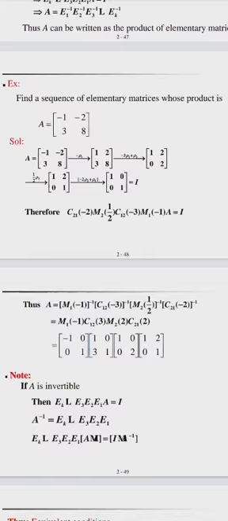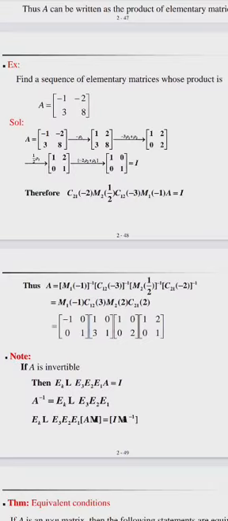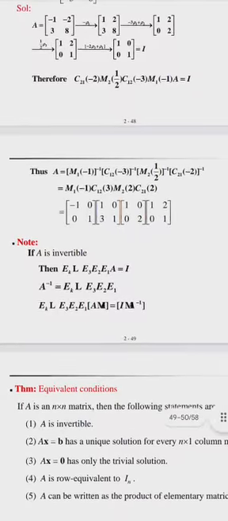This matrix is the identity matrix I. Therefore C21 of minus 2, M2 of 1 by 2, C12 of minus 3, M1 of minus 1 times A equals I. This is a sequence of elementary matrices.